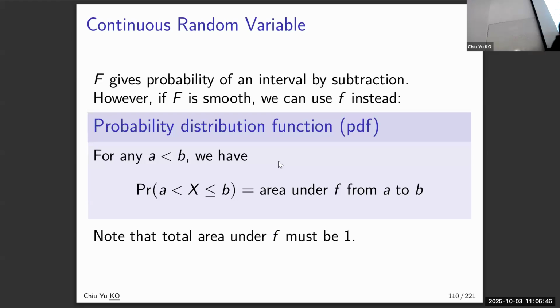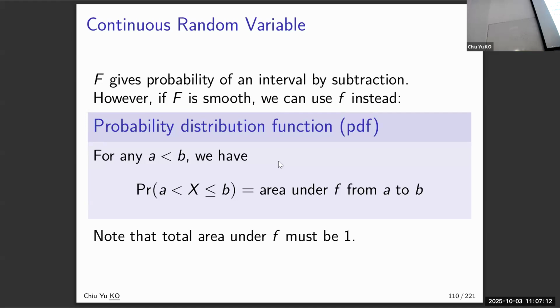Now, although we say P is not defined, we can define something like P. Not always defined, but for your application, it would always be defined. This is what we call the probability density function, PDF.